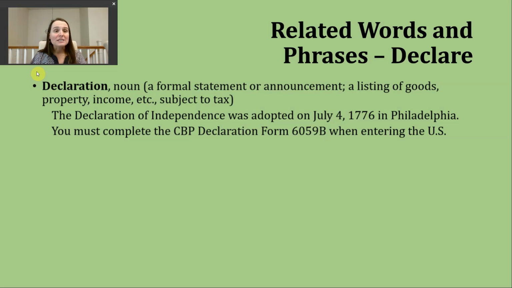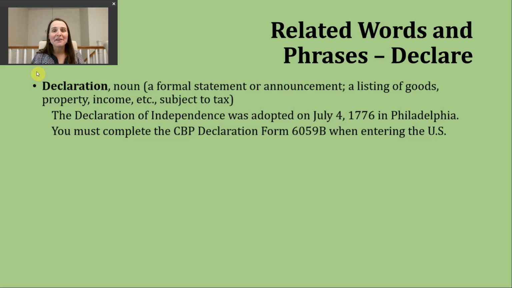Another way we use the noun declaration is in regards to a listing of goods, property, income. Again, this tends to come up when people are traveling from one country into another. And so this list might be possibly, depending on the quantity of goods, subject to tax.